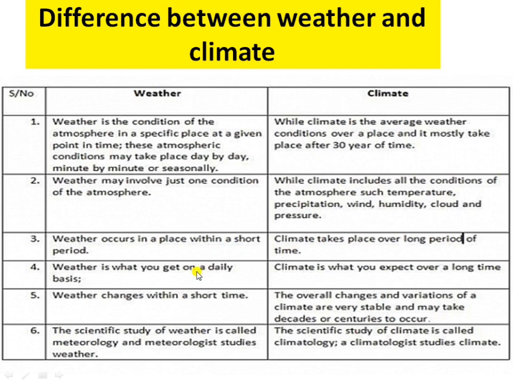Weather is what you get on a daily basis, but climate is what you expect over a long time. Weather changes within a short time, but climate changes within a very long time, and variations of climate are very stable and may take decades or a century to occur.